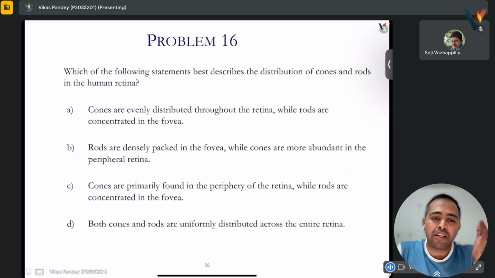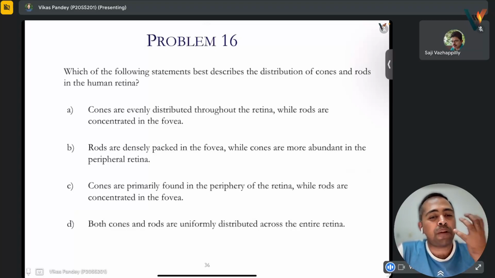Rods are densely packed in the fovea, while cones are more abundant in the peripheral retina. Cones are primarily found in the periphery, while rods are concentrated in the fovea. Or both are uniformly distributed across the entire retina. Answer is B, maybe. B.